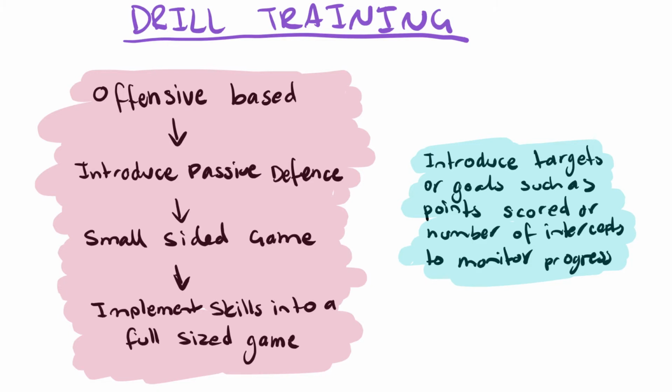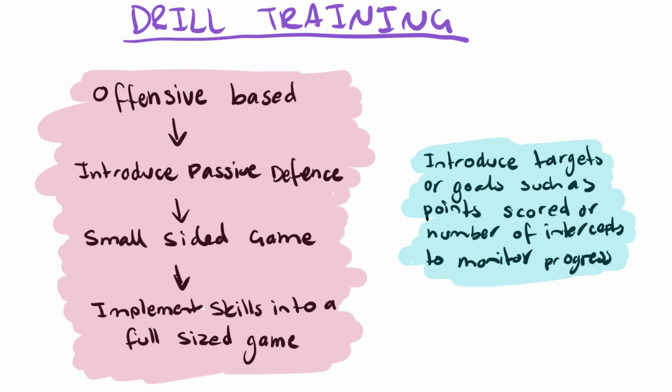Some of the rules of the game, for example netball, might be put into play: no obstruction, no stepping, no contact. Then the coach progresses this fully, implementing the skills that they've learnt into a full-sized game.